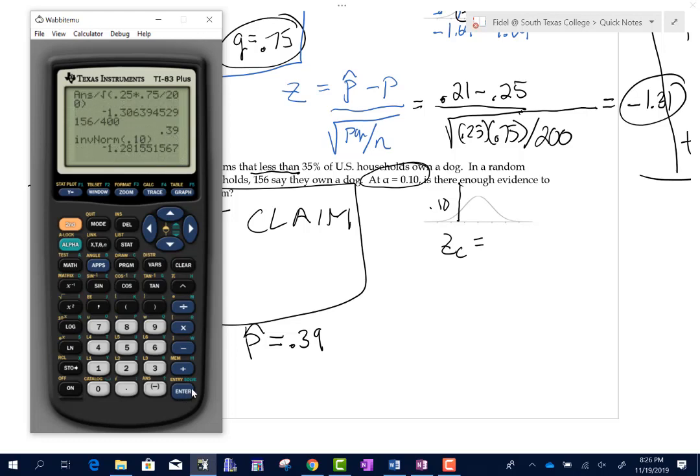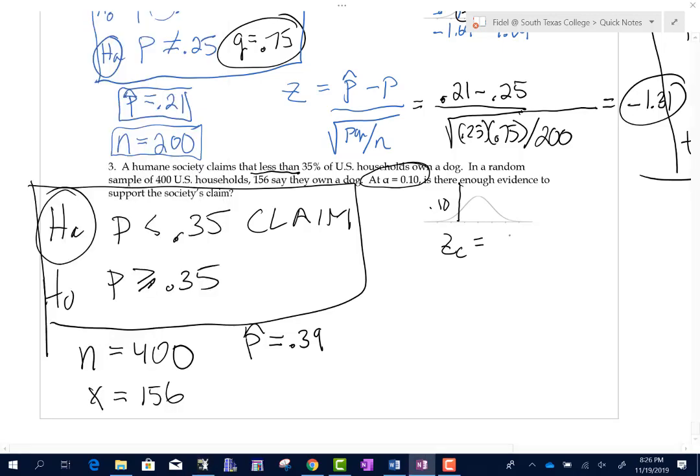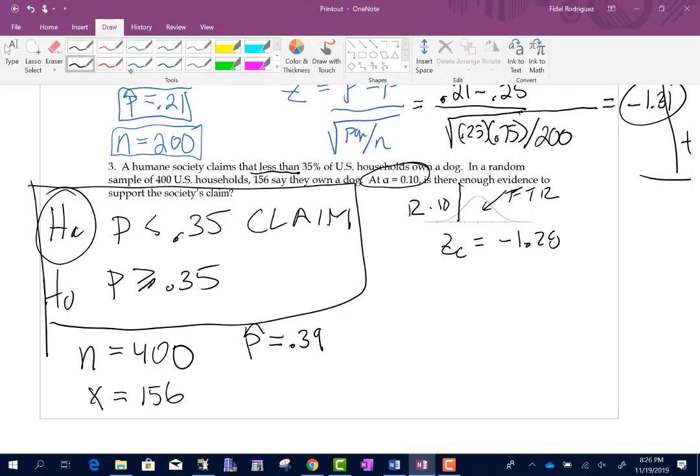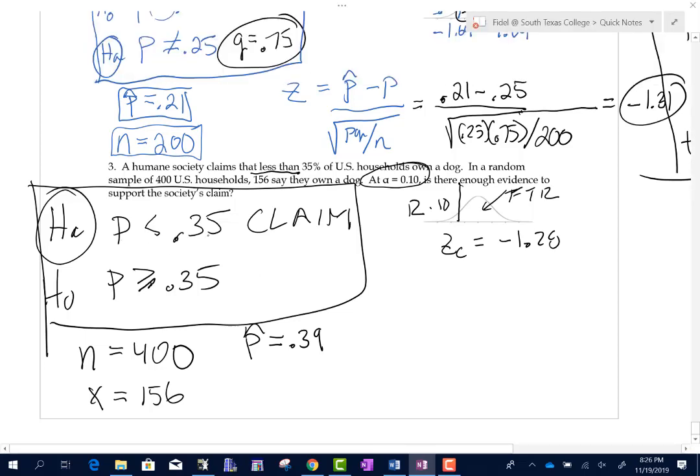Okay. So, yeah, negative 1.28. Okay. Guys, everybody agreed that this is going to be my fail to reject? And this will be our rejection region? Okie dokie. All right, so let's find a couple of pieces more of info. Guys, we know that our p is 0.35. Does anybody know what our q would be?